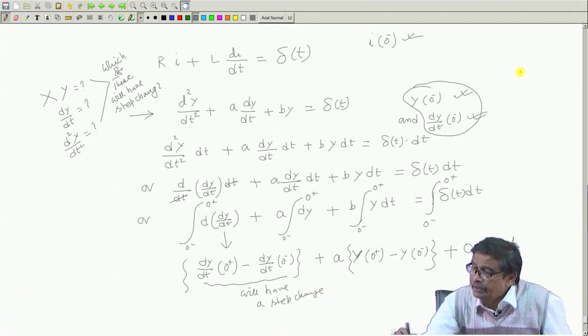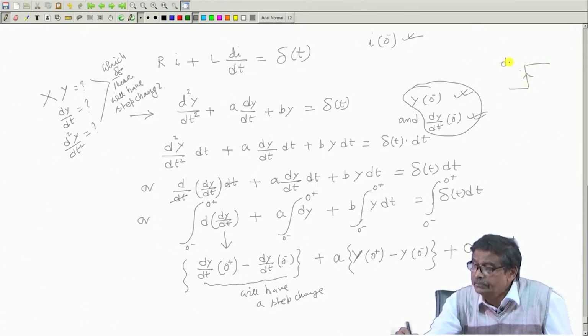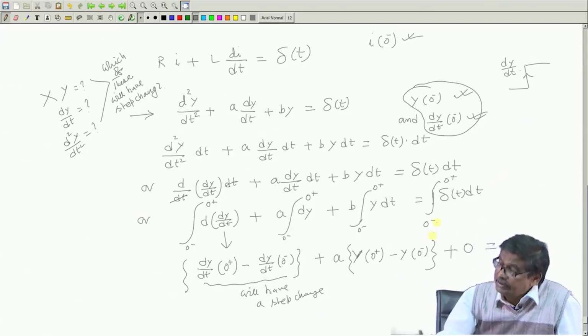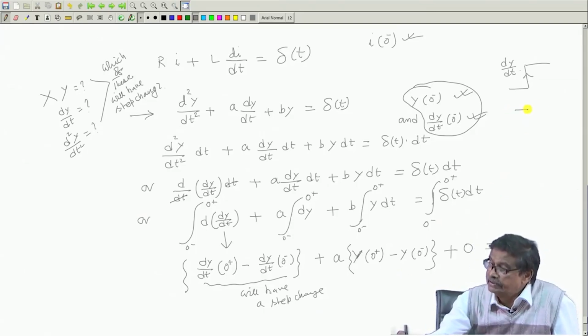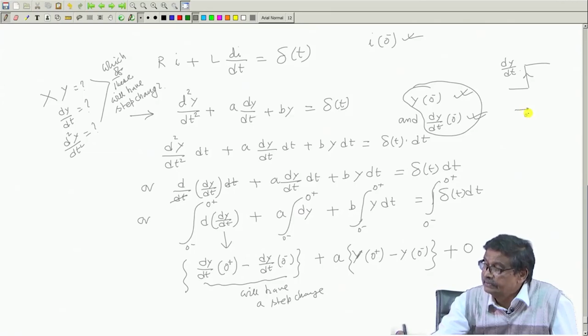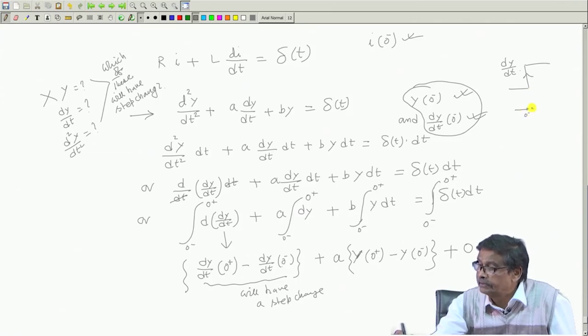Got the idea? Any variable doing like this is called a step change. dy dt will be something like that. y t cannot have a step change, so 0 minus and 0 plus, it will be continuous.